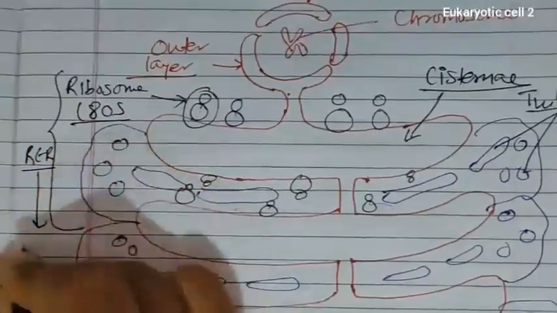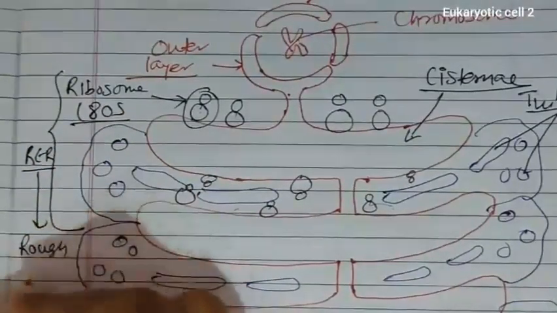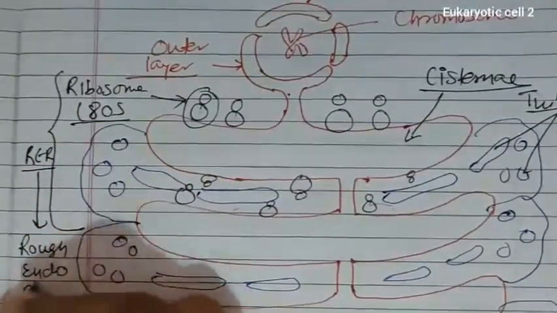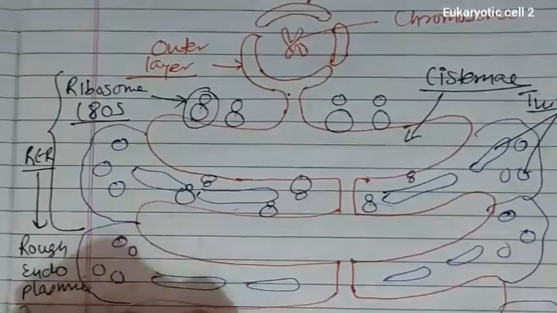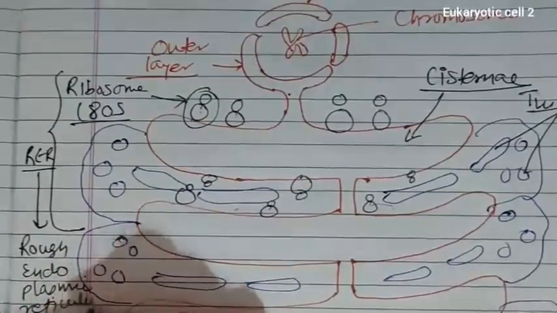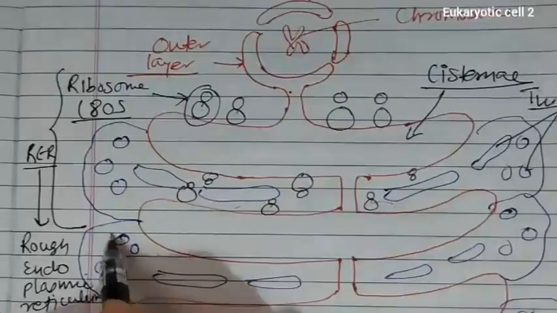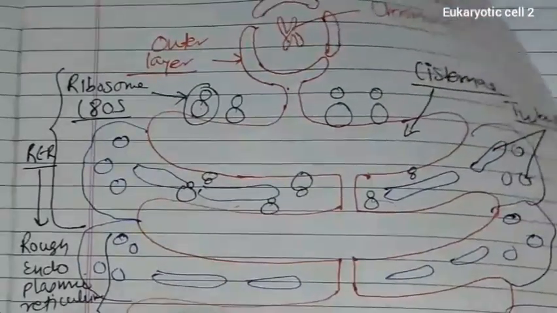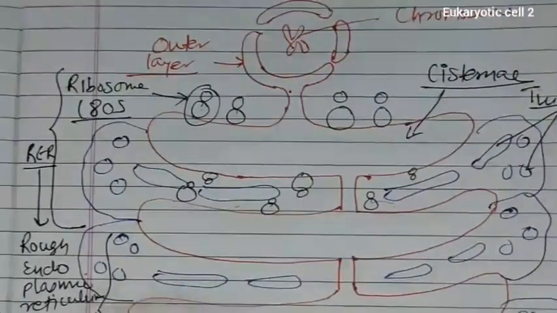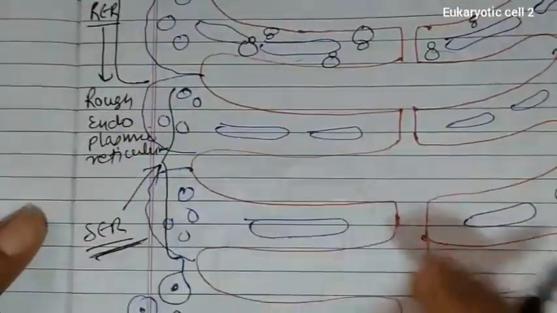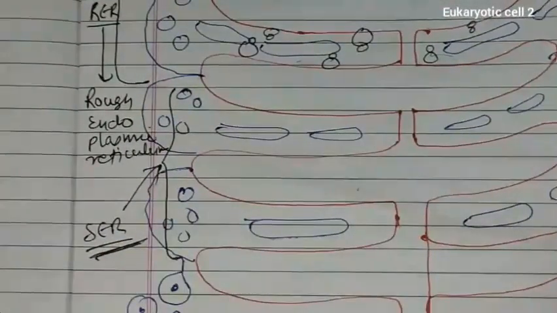RER is rough endoplasmic reticulum, and this region where ribosomes are absent, that is known as SER, that is smooth endoplasmic reticulum, towards the plasma membrane.